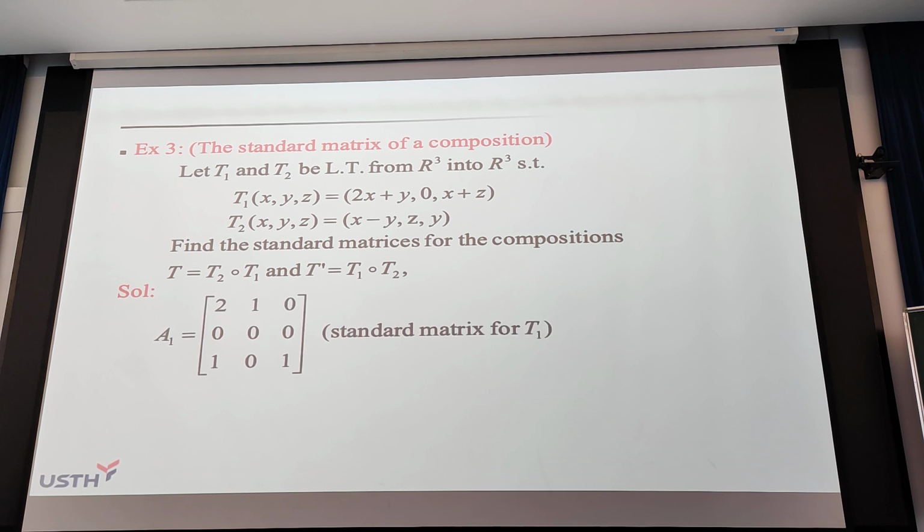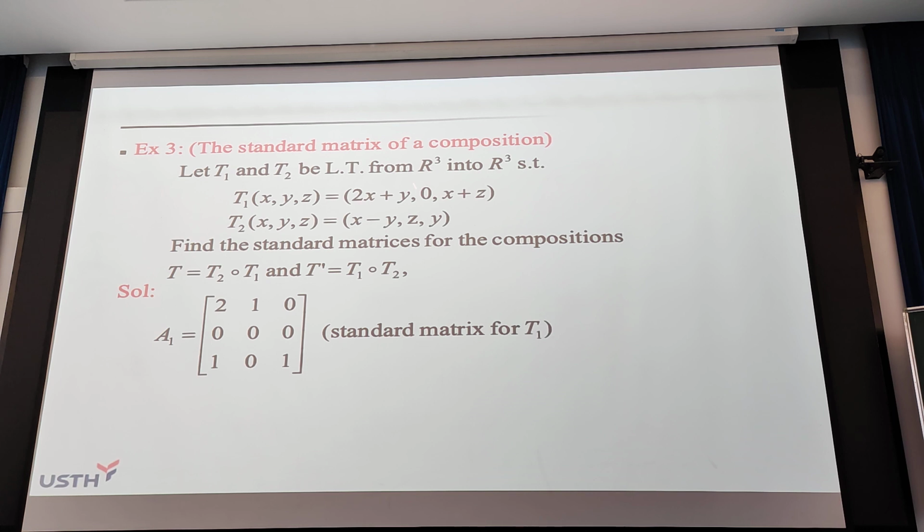The first one, you need to find the standard matrix for T1. And as I told you, we look at the coordinates here. The first coordinate is 2x plus y. It means that it is 2x plus 1y plus 0z. So the first row of the standard matrix will be 2, 1, 0.